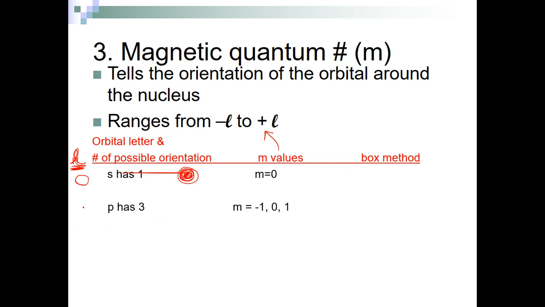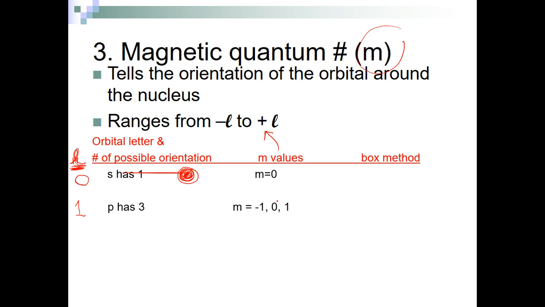The p orbital. Now, the p orbital has 3 orientations. Remember, I told you the L quantum number for a p orbital, L is always equal to 1 for the p's. But the values for the m quantum number, which is what we're talking about now, go from negative L to positive L. So if L is 1 and you count from negative 1 to positive 1, think about a number line, you would write down negative 1, 0, and 1.